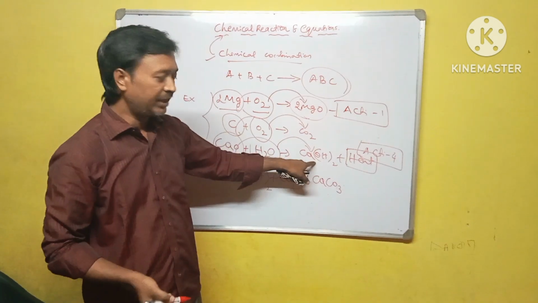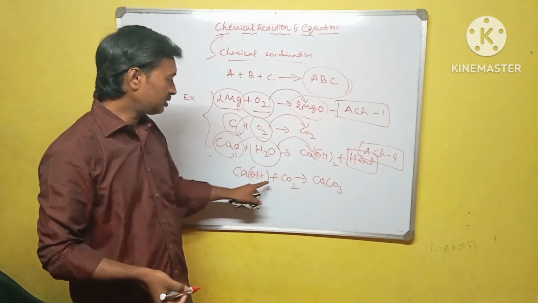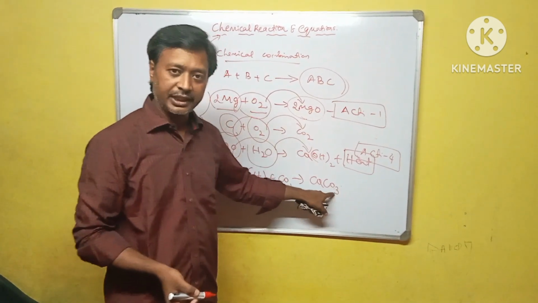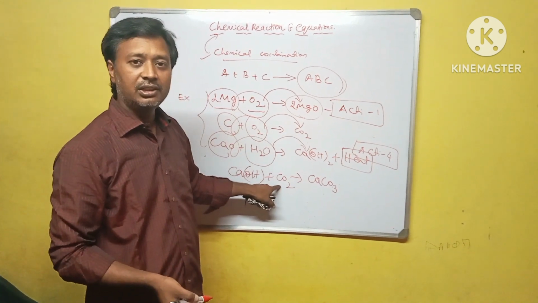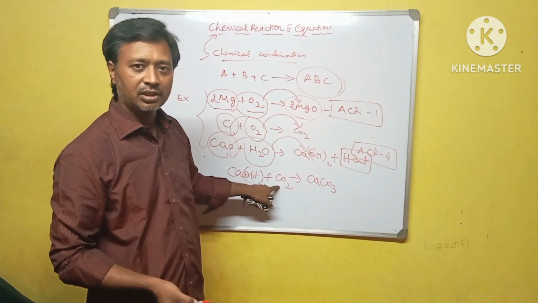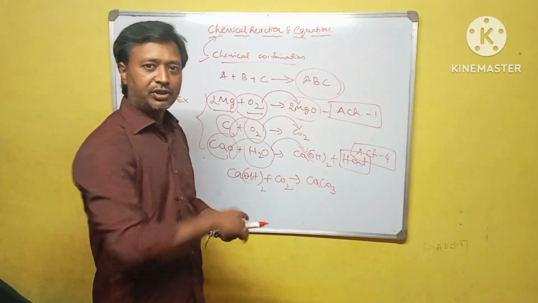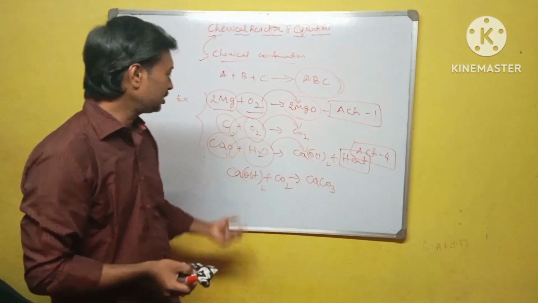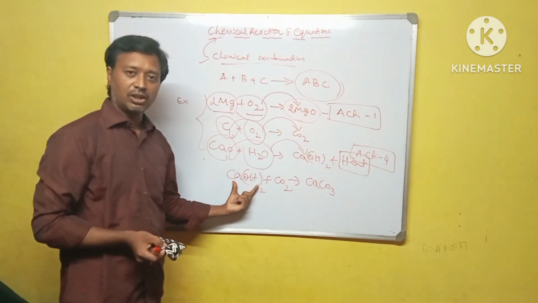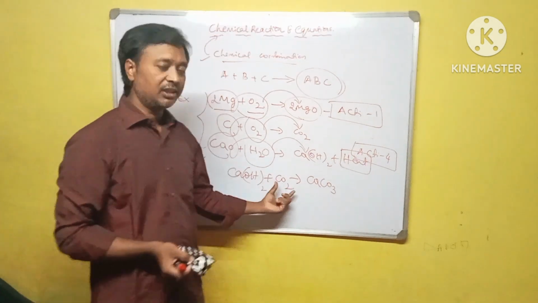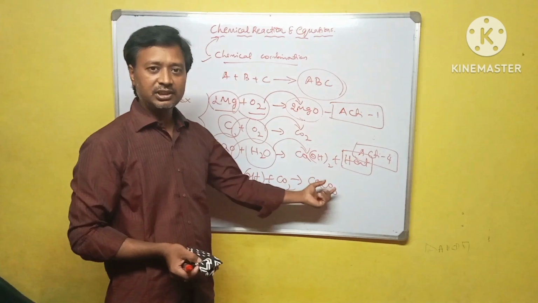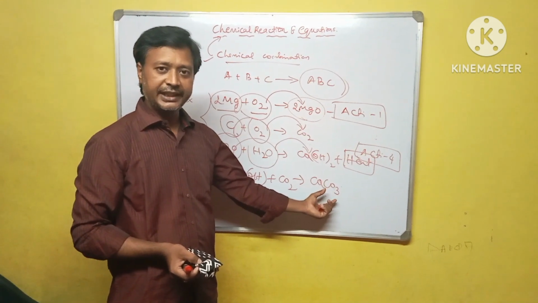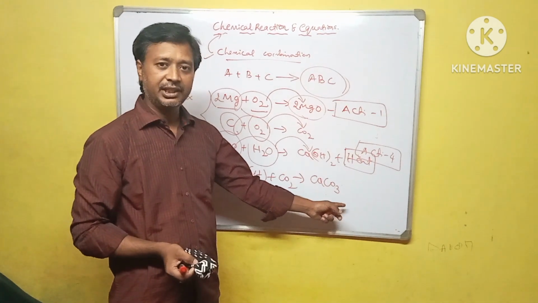Calcium hydroxide converts into calcium carbonate by absorbing the carbon dioxide in the atmosphere. Is it clear? After a whitewash, the wall turns milky white because whitewash contains calcium hydroxide, which absorbs carbon dioxide and converts into calcium carbonate. That's why it is milky white.